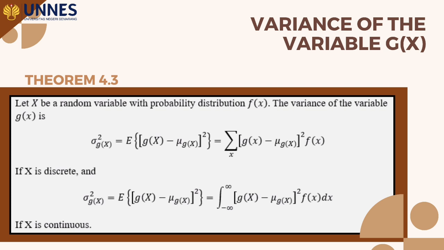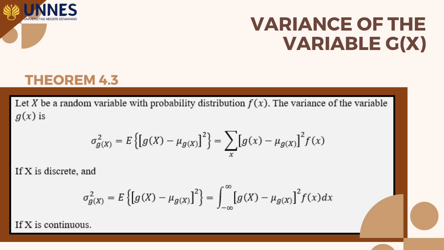And if X is continuous, the formula is sigma squared of g(X) equal to E[(g(X) minus mu g(X)) squared], equal to the integral from minus infinity to infinity of (g(x) minus mu g(X)) squared f(x) dx.